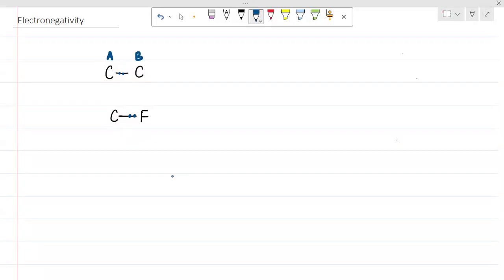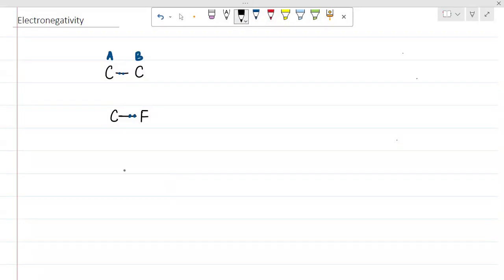And why is that so? That is because fluorine has a better tendency, a greater relative tendency, to pull the electrons towards itself. And that tendency of an element to pull the bonded electrons towards itself is called electronegativity.